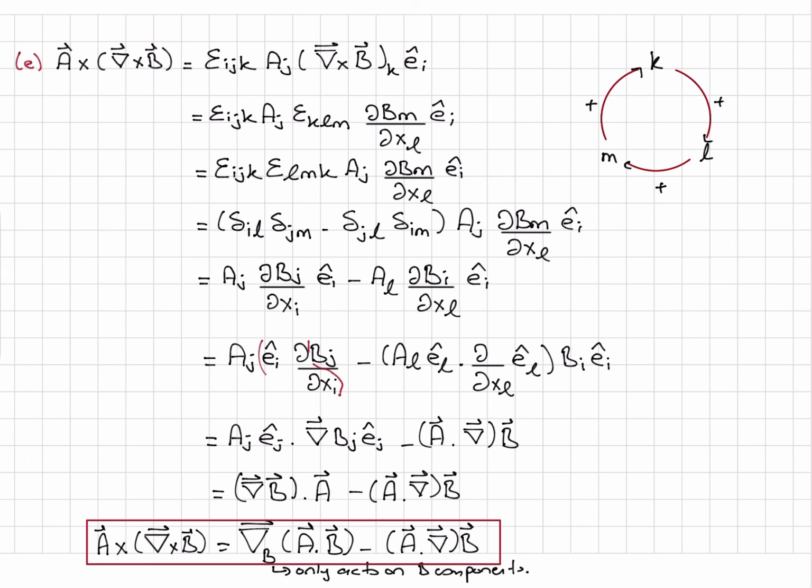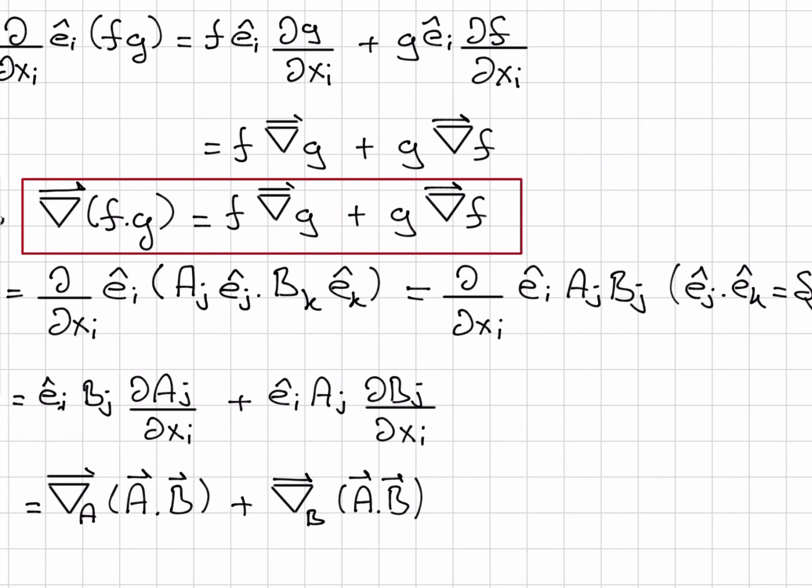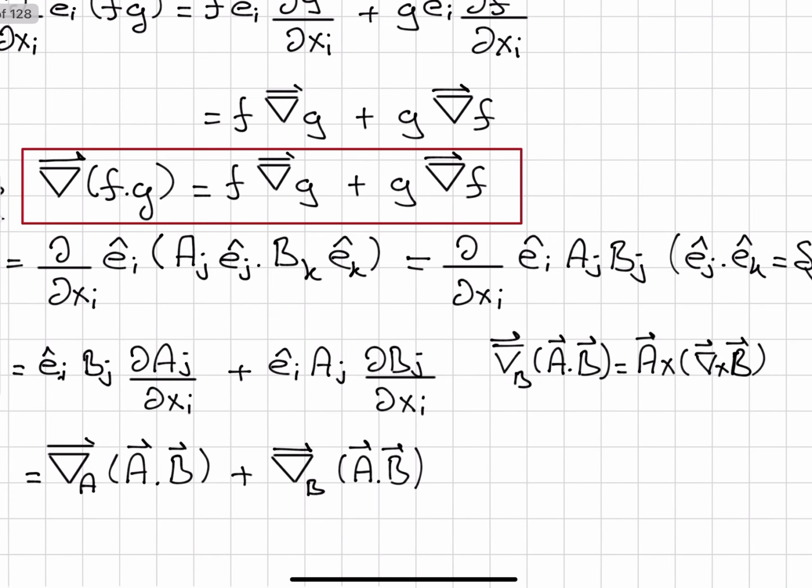So now we can use this identity and basically note that here we have found gradient with respect to B of A dot B, this is from part E, is A cross curl B plus A dot gradient operator applied to B. So this is from part E. And similarly, we could switch A and B.